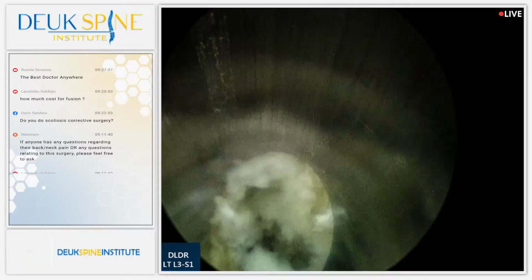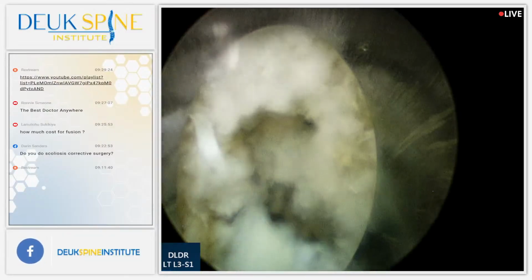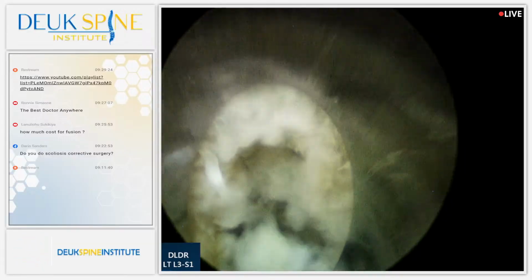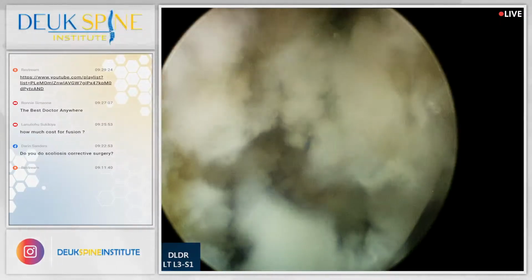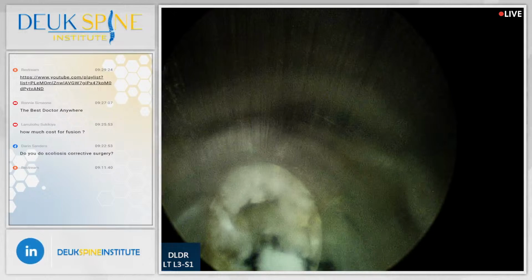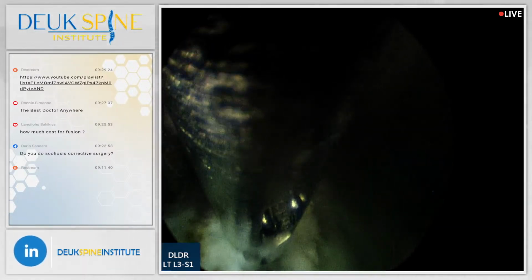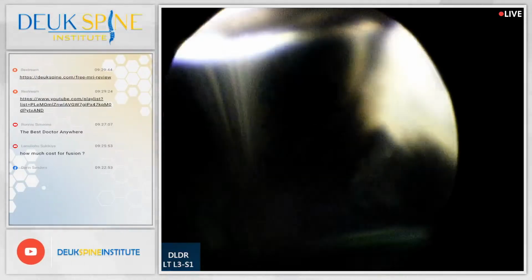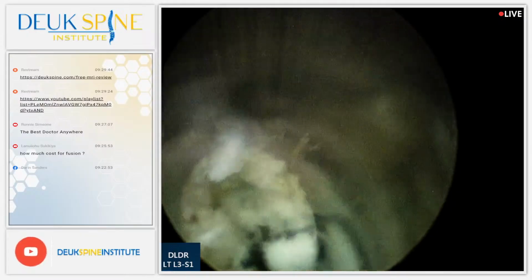So if it's pain that bothers you, then get the Deuk laser disc repair or the Deuk plasma rhizotomy. These are much safer, less invasive, faster recovery surgeries. You don't need scoliosis surgery just because you have scoliosis. Okay? Of course, the other spine surgeons would love for you to believe that you do, so they can make a lot of money doing your surgery.